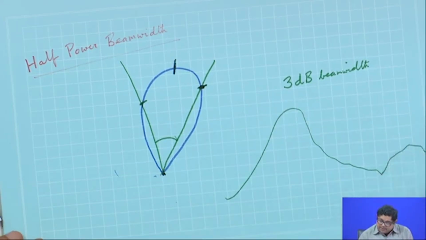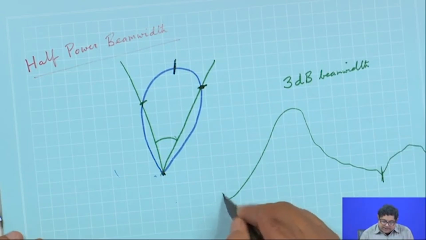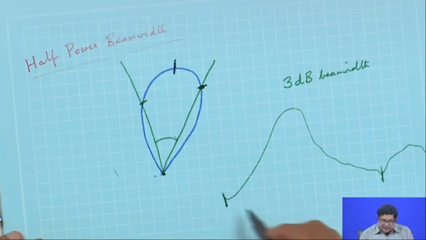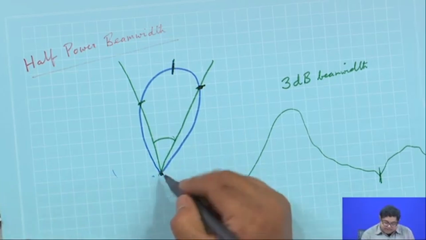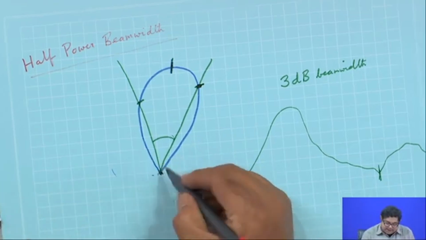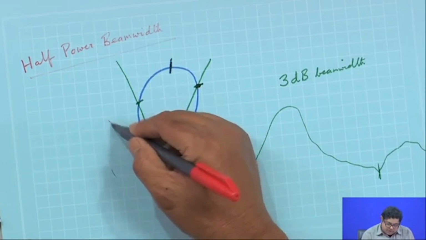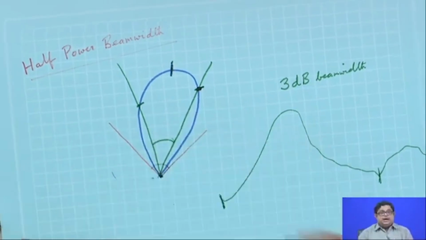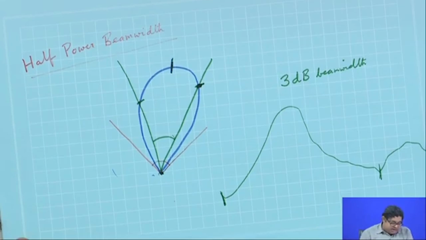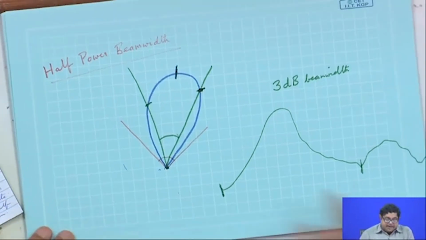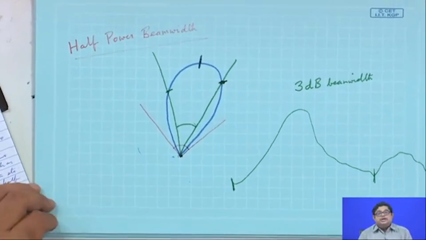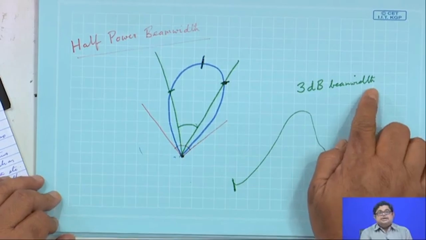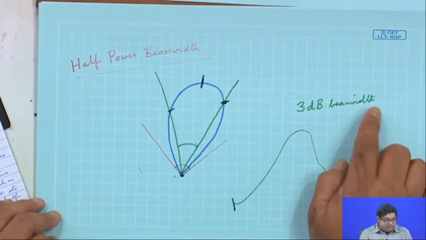Generally if we have things like this, this is one null, this is another null. So, this angle is the null to null beam width. In the polar plot, you see this direction is a null, this direction is a null. So, this total angle is the null to null beam width. If nothing is specified, when loosely we only say beam width, that by default means the half power beam width or 3 dB beam width.